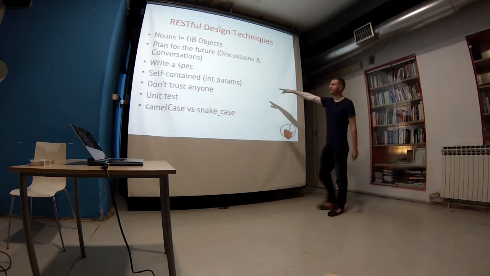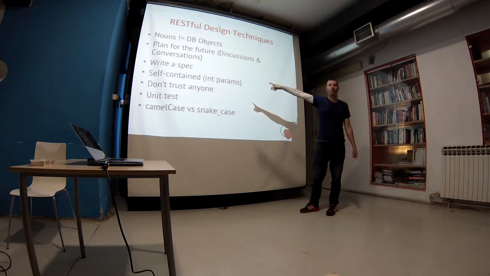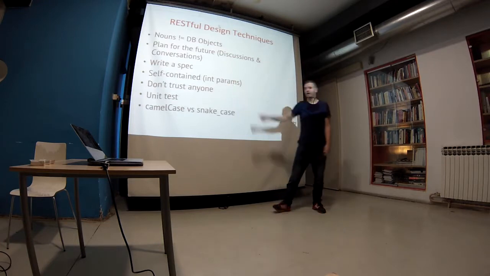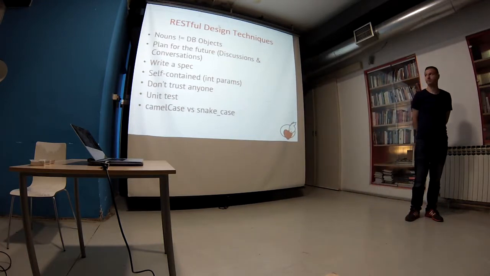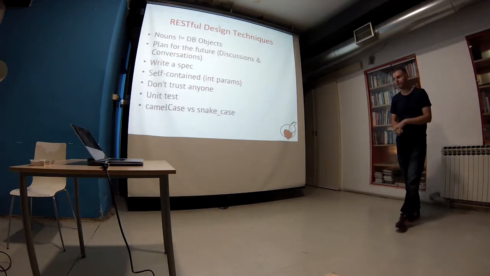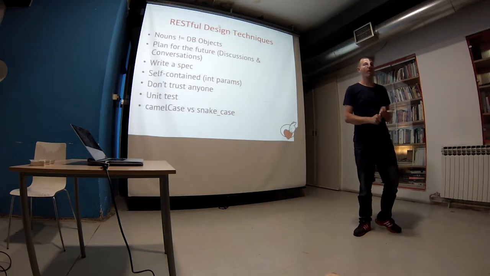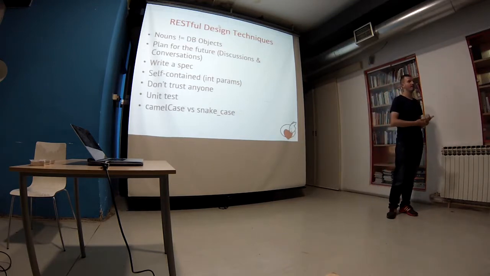Your API should also be self-contained, and this is what I was talking about before with the options call. So if you have something that takes integers as the params, you want to make sure that you use strings instead. An example is marital status, and inside your model, you probably have this defined as an int, or stored in the database as an int.